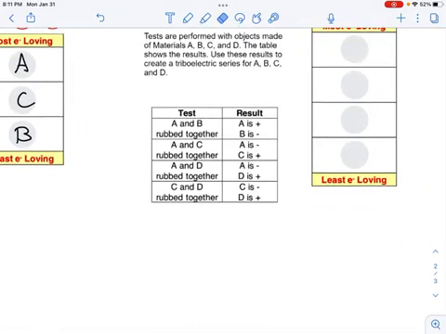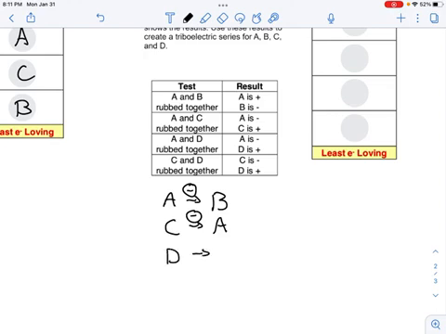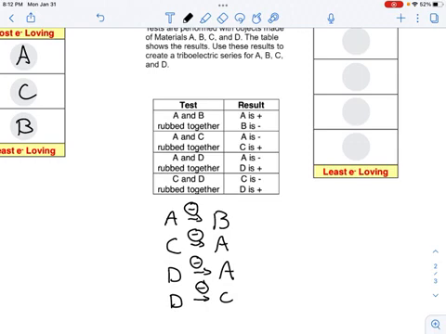Last one here. Let's organize them. All right, so if A and B rub together, A gives electrons to B, C gives electrons to A, D gives up electrons to A, and D also gives up electrons to C. So if we look here, A gives up to B, C gives up to A, D gives up to A. Now, B was not rubbed with any other object, but you can tell here that it looks like D is always trying to give up electrons.